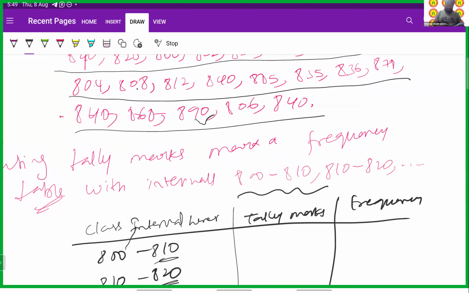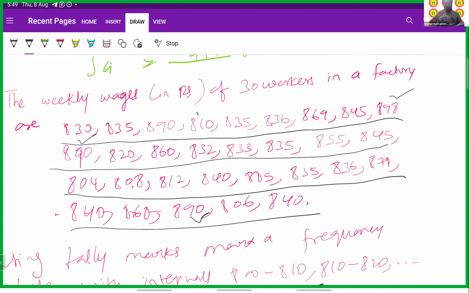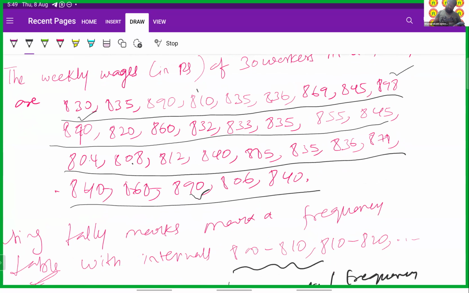So now please check. And one more thing to remember: when they give problems like this to count tally marks, they never give 810, 820, 830 ambiguously. In the question it is given as 800 to 810, and from 810 to 820 and so on.